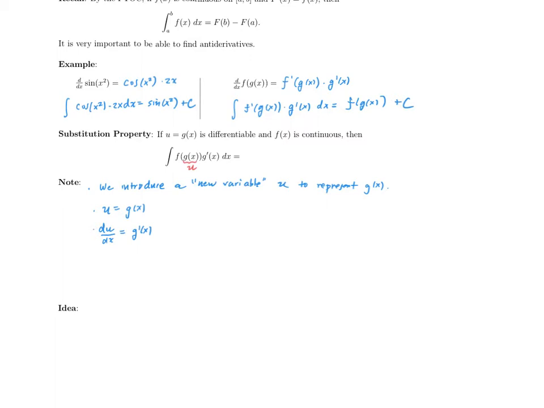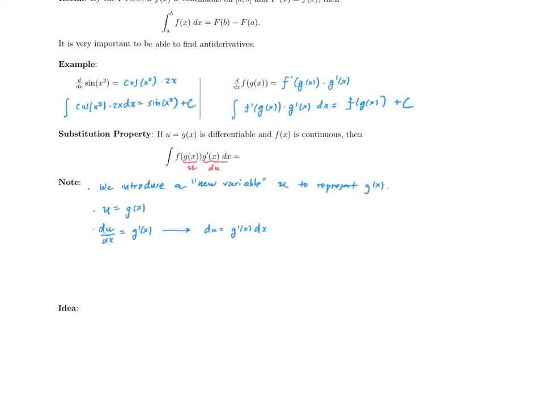But we don't have to. Individually, du and dx are quantities which are called differentials. And we could multiply both sides by dx and separate it out. So du is g prime of x dx. And note, very conveniently, that is precisely what we have remaining in our integrand above.